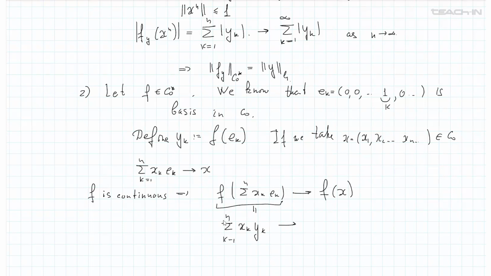So it tends to, by definition of the limit of the partial sums, the whole sum. So we obtain the description of our function. Sorry, not correct here, not ek, but yk.